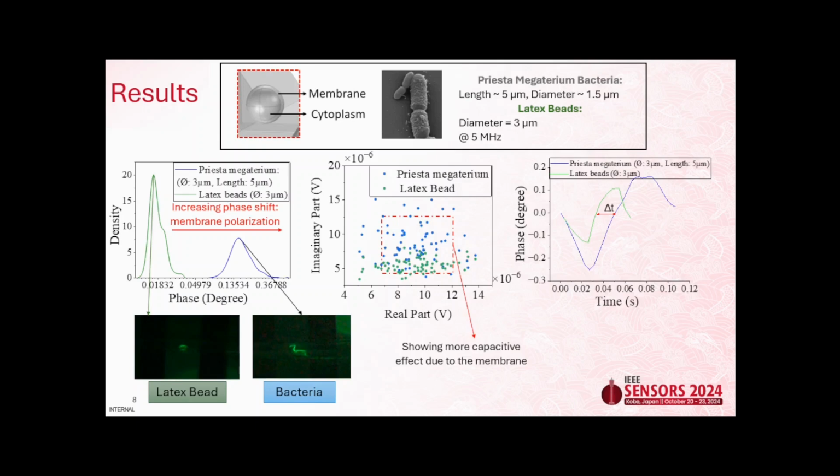So as I told you, one of the aims was to find a fingerprint, and as I showed you, the phase shift and also the shape analysis can be used as a fingerprint for detection.